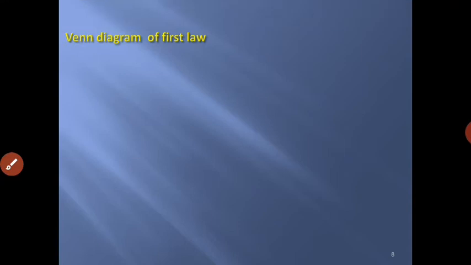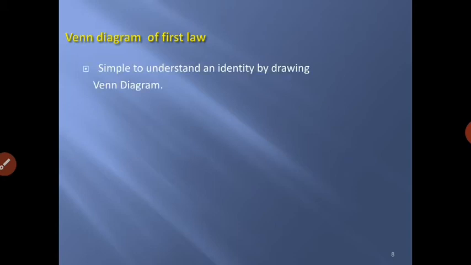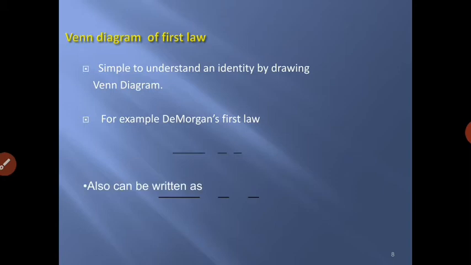Next we will also verify the proof of this De Morgan's first law with the help of Venn diagrams. Venn diagrams are very simple to understand and identify by drawing. So for example, De Morgan's first law we will see.